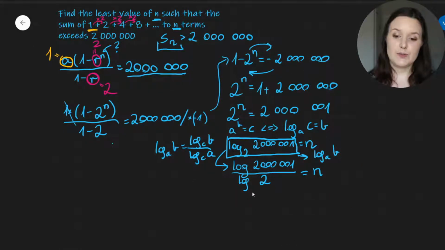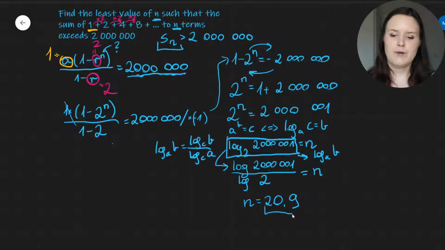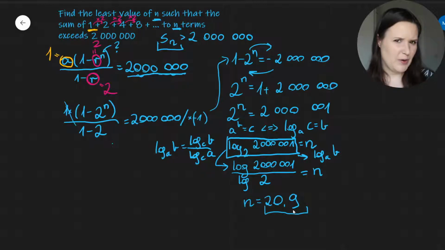Logarithm base 2 of 2,000,001 is approximately 20.9. So we found out that for the sum of terms to be 2 million, we would have to have 20.9 terms, which is impossible, because n is a natural number.